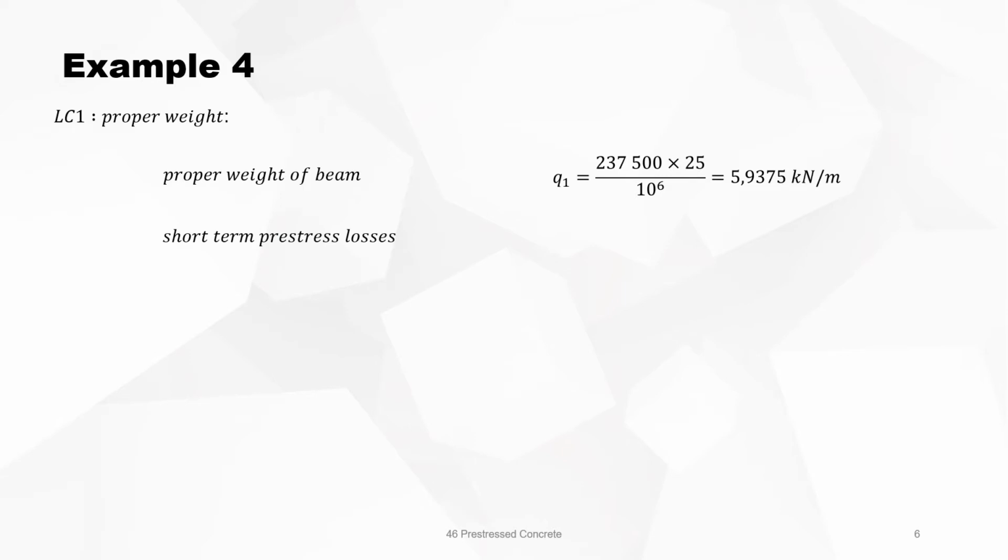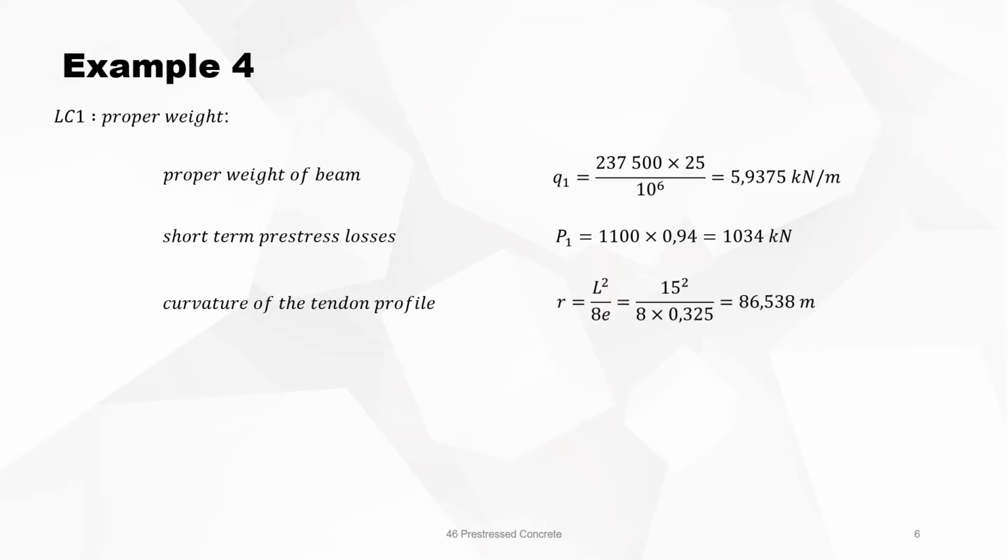The short-term pre-stress losses is then 1100 times 0.94, and the 6% pre-stress losses is 1034 kilonewton. The curvature on the tendon profile is then L squared divided by 8E, is 86.5 meter.